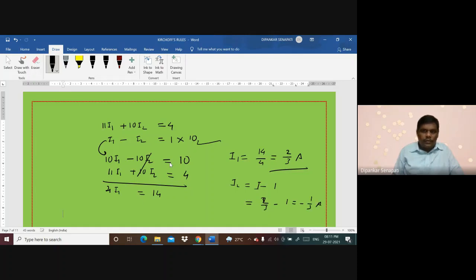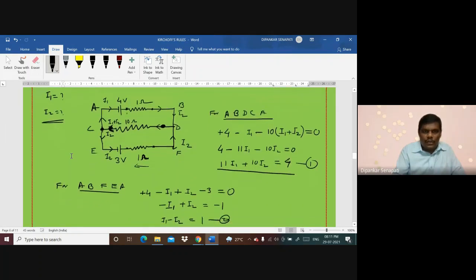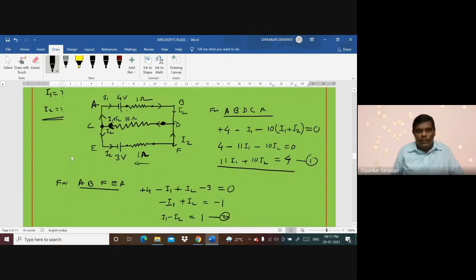Now, what does the minus mean? There is one very simple explanation. I2 is minus 1 by 3 means that the direction we assumed for I2 is actually just the reverse. So we don't have to worry about the distribution of current, just apply Kirchhoff's first rule correctly.